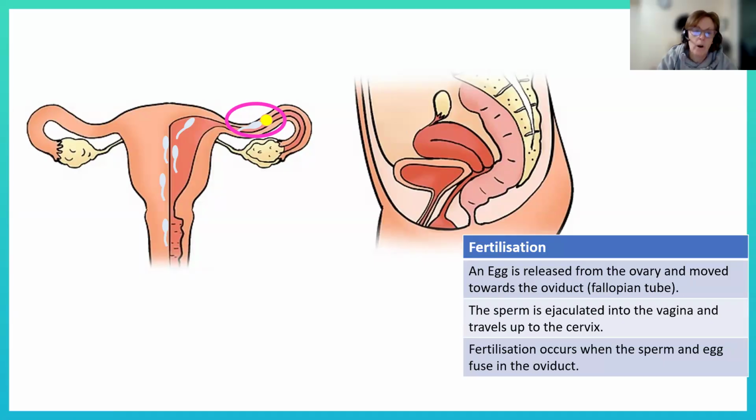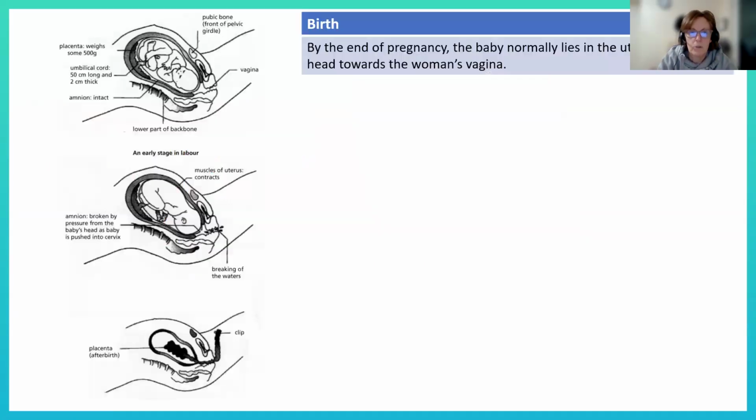So it takes a while for that sperm to get all the way to the egg and fuse with it. Then, after 40 weeks of taking all of your nutrients and oxygen, you get the joys of giving birth.